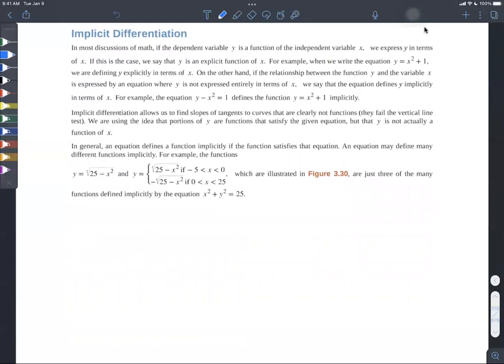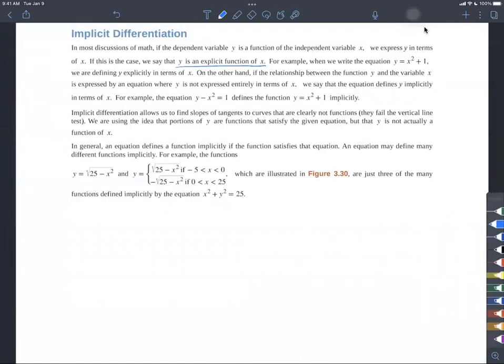So what is implicit differentiation? It says, in most discussions of math, the dependent variable y is a function of x. When that is true, we express y in terms of x. If this is the case, we say that y is an explicit function of x. For example, when we write the equation y equals x squared plus 1, we are defining y explicitly in terms of x.